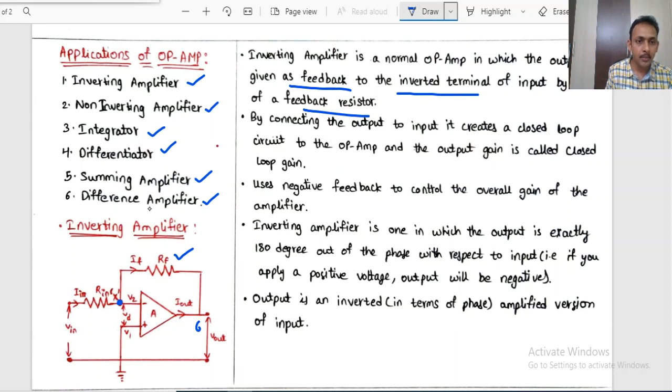If you recollect the previous basics, the negative terminal indicates the inverting terminal and the positive terminal represents the non-inverting terminal. Now at the positive terminal, let the input voltage be V1, and at the negative or inverting terminal, let the voltage value be V2.